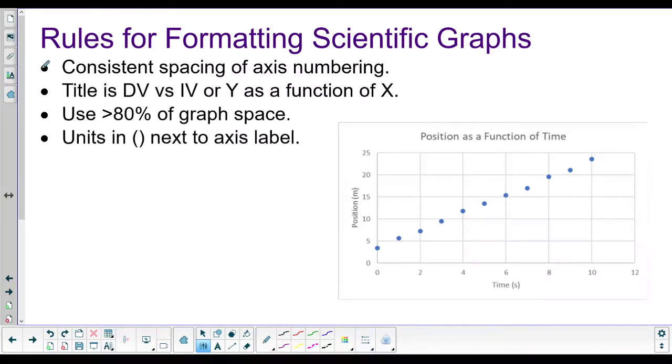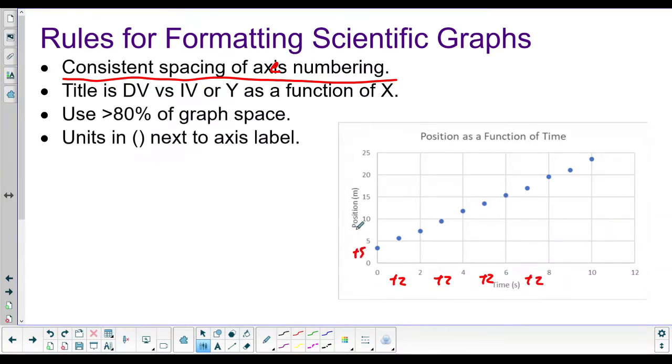The first thing that we need to do is make sure that we have consistent spacing of our axis numbering. This might be axes. Maybe I should make this plural. But if we look at our axes, notice we go plus 2, plus 2, plus 2, plus 2, and so on.